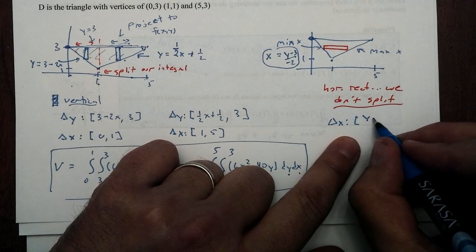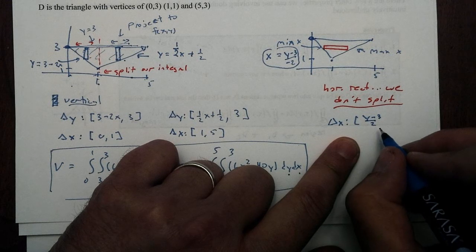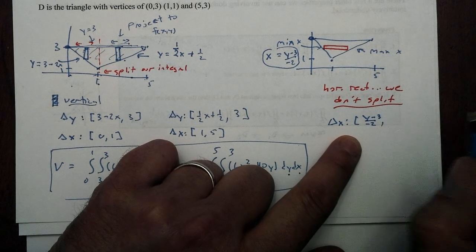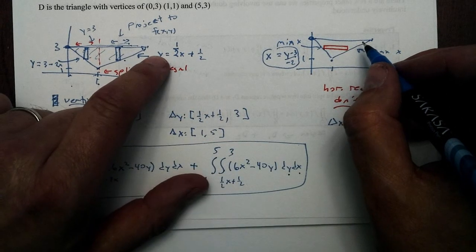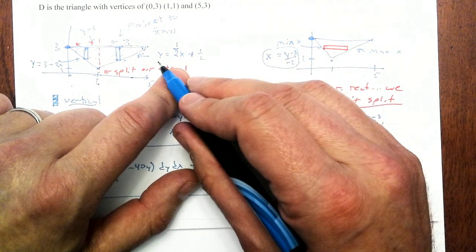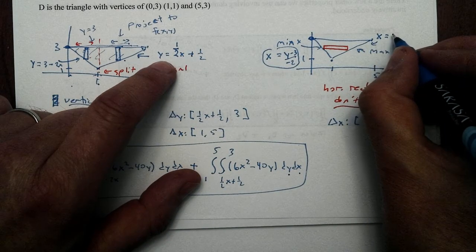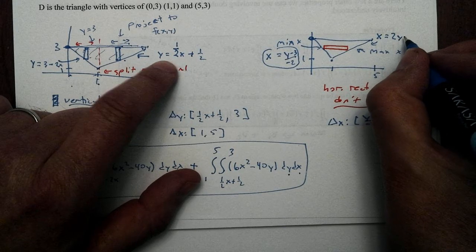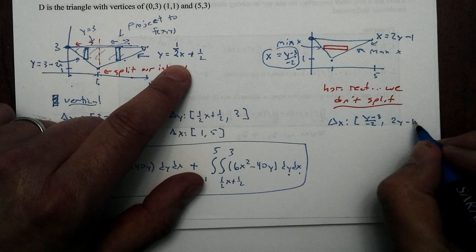So y minus 3 all over negative 2. All the way to over here to get my max x. Well, this was 1/2 x plus 1/2. If I multiply everything by 2, that's going to give us x equals 2y minus 1. So we get this 2y minus 1.